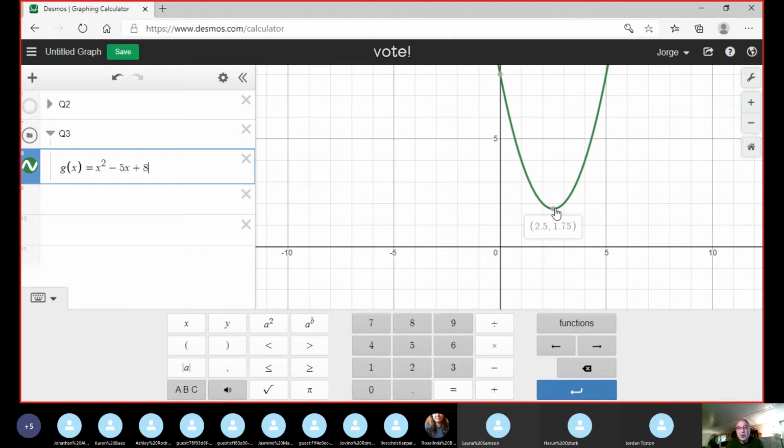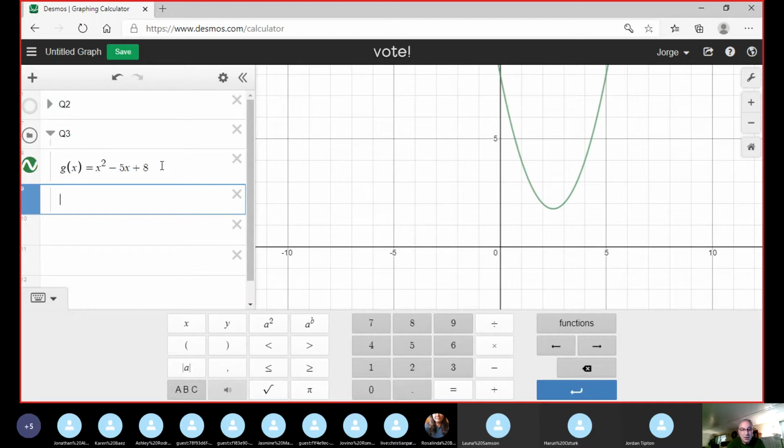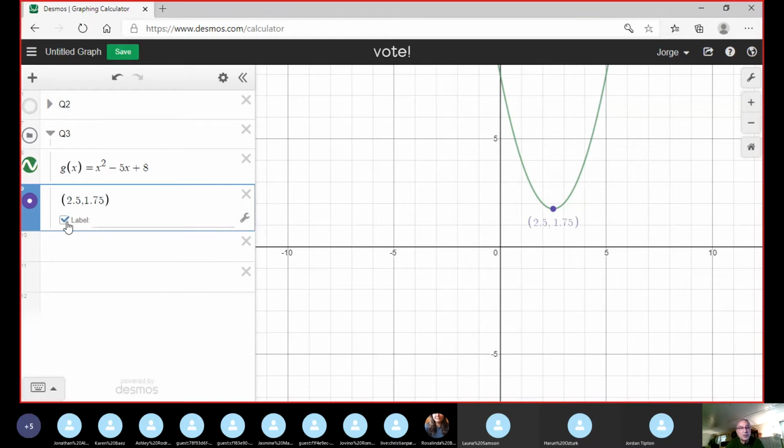The vertex is (2.5, 1.75). Okay, Desmos is a smart guy and always indicates some points it considers useful. But okay, I don't care. I put my own here: (2.5, 1.75). Boom. I put a label to indicate it's important.